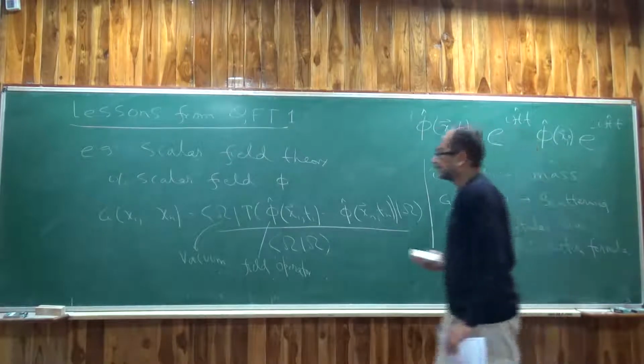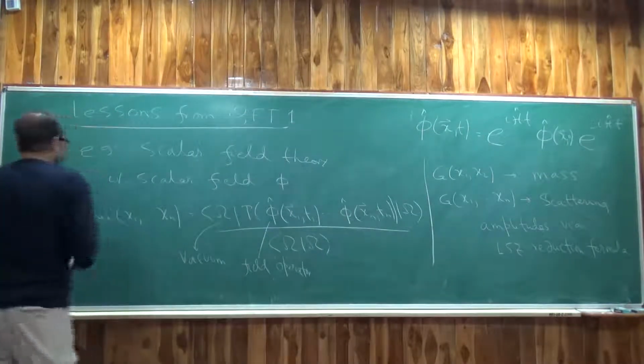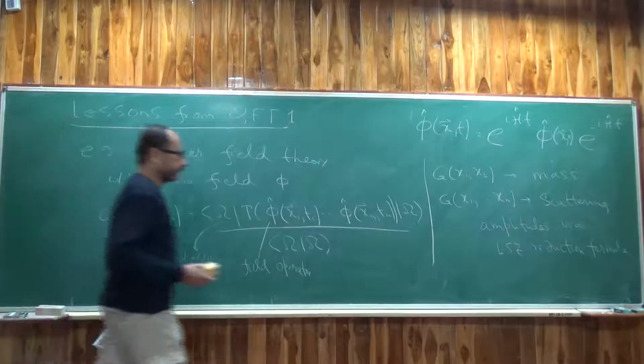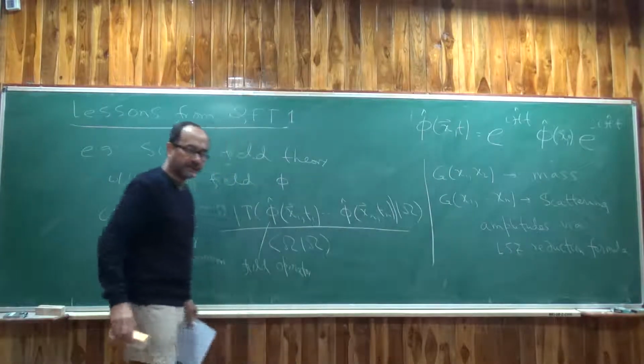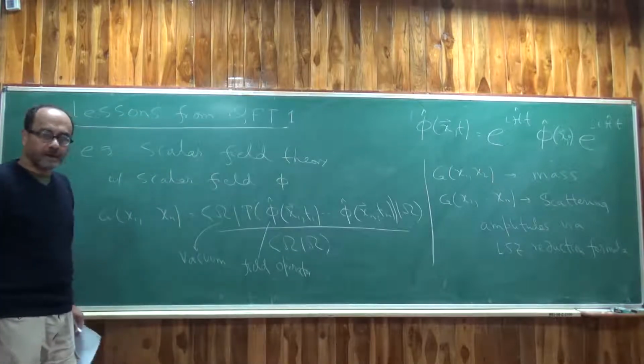Okay. The second aspect of quantum field theory that we have learned is how to actually compute these objects. Right? How do you calculate these 2-point function and n-point function? Okay. And there we use mostly perturbation theory.